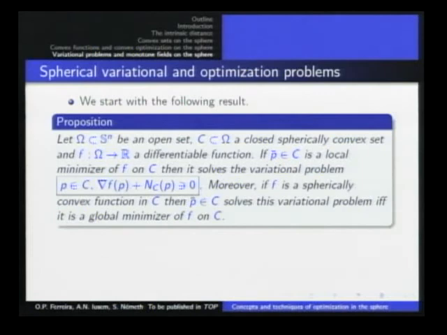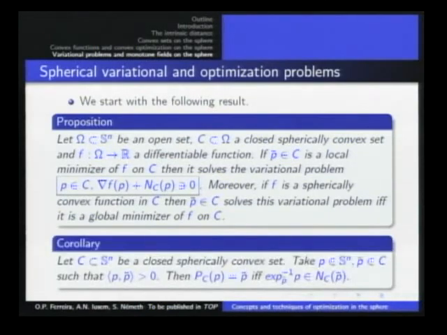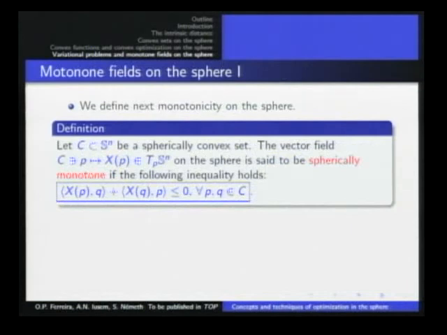If f is spherically convex, then a point which solves that variational problem with the gradient is precisely a point which is a global minimizer of f, and reciprocally. This is a corollary which relates to another characterization of the projection.